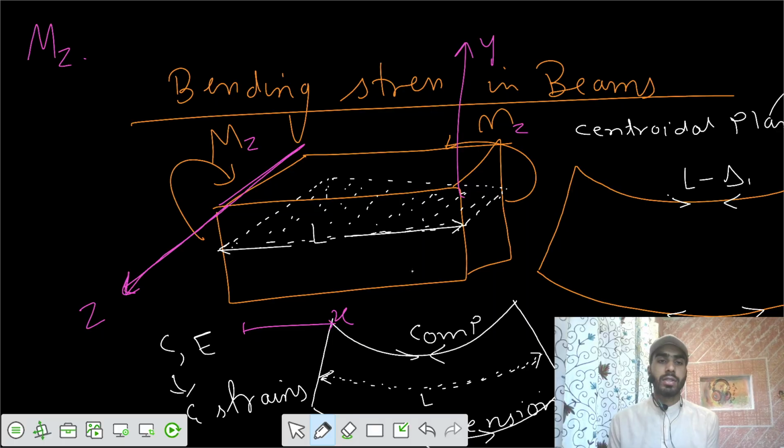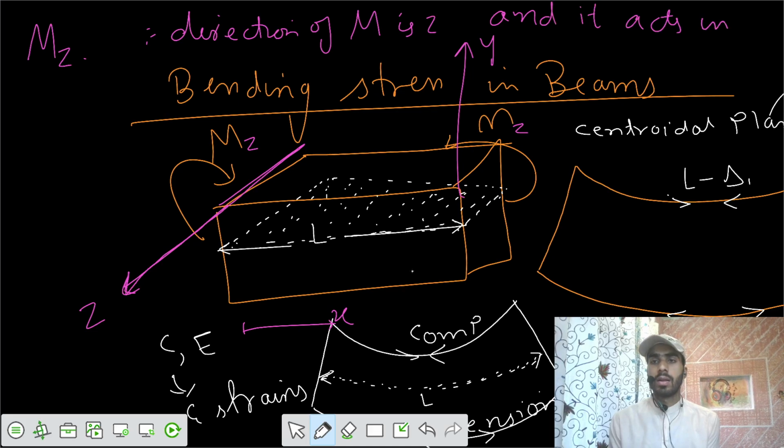So moment in the direction of z, and the plane on which it acts. We can write that the direction of moment is z, and it acts on the plane perpendicular to it. The perpendicular plane would look like this.